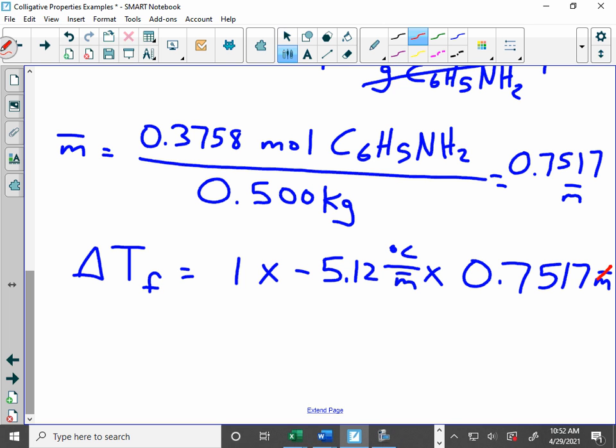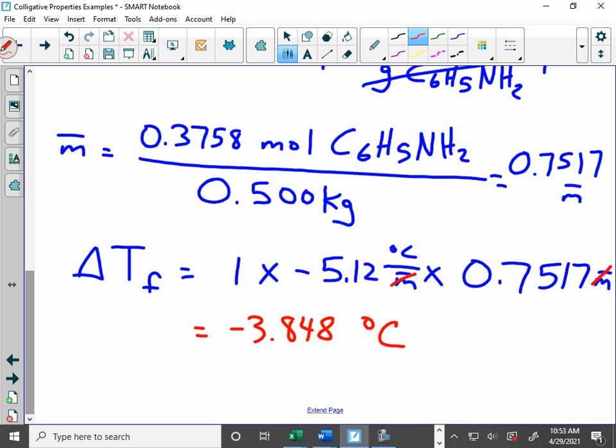Once again, my molality cancels, so I'm going to have my value in degrees Celsius. So I'm going to take all those numbers, 1 times a negative 5.12 times 0.7517, and I get a value of negative 3.848.